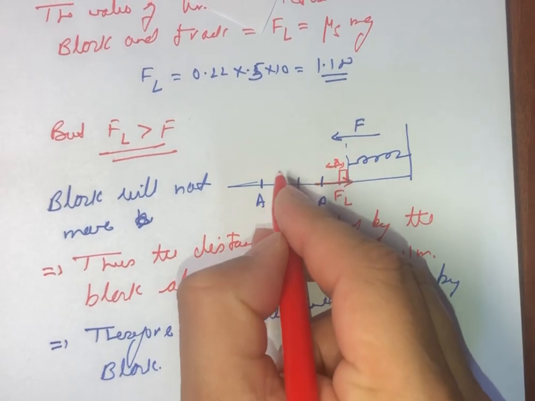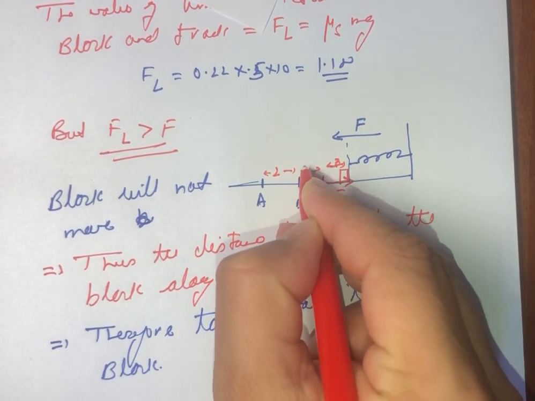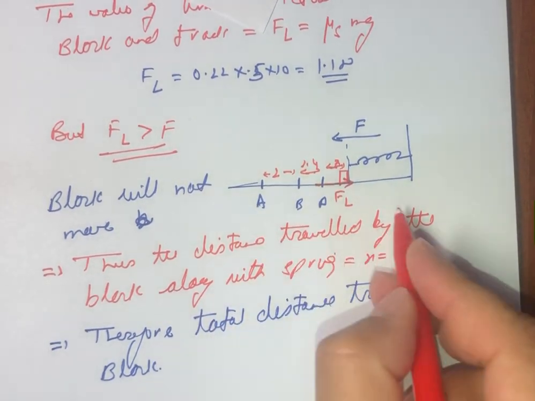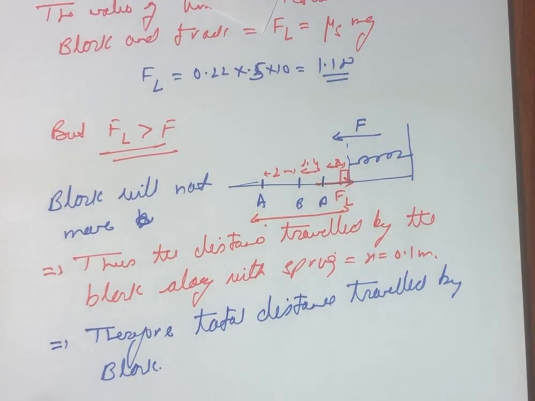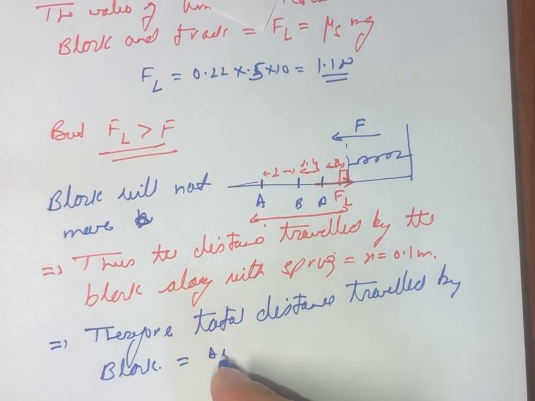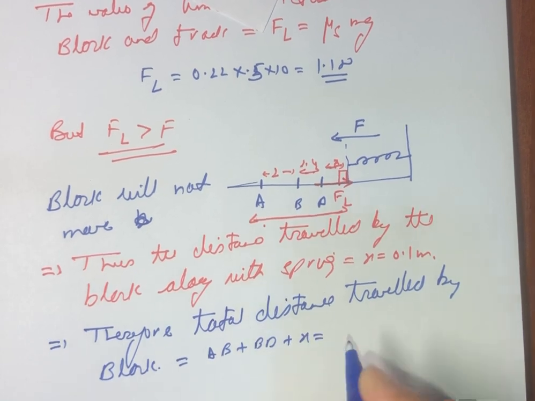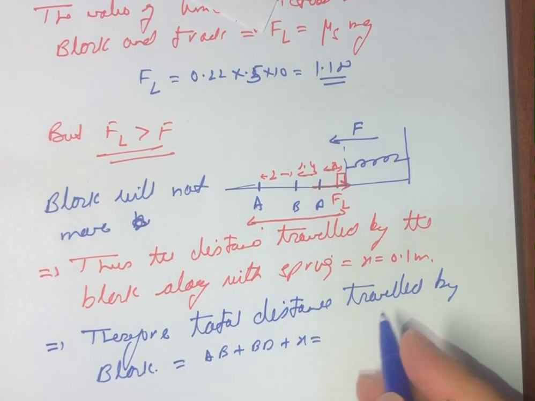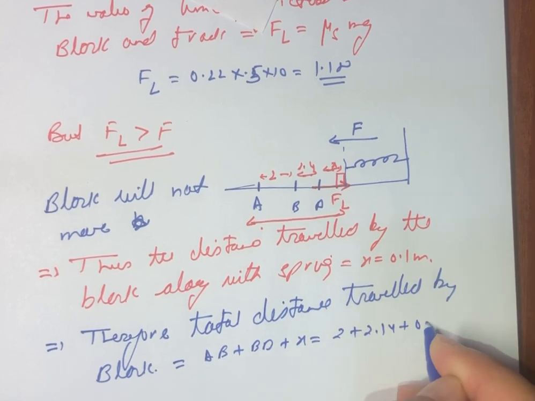So the total distance will be equal to AB plus BD plus x. Substituting the values, we get 2 plus 2.14 plus 0.1.